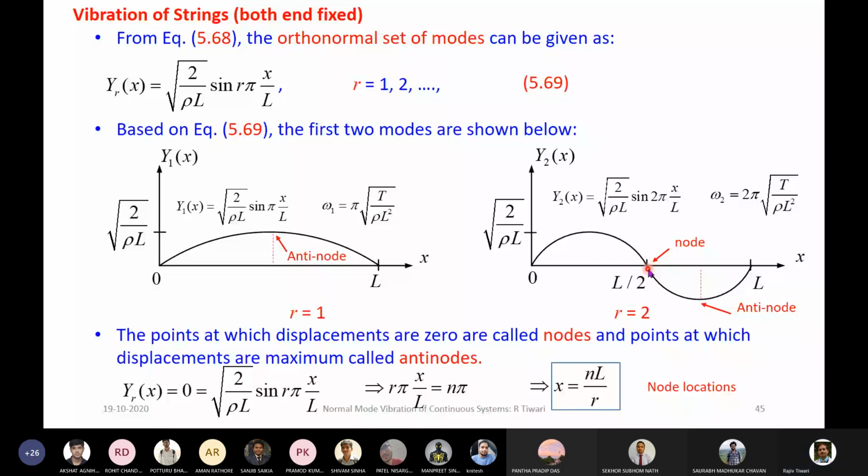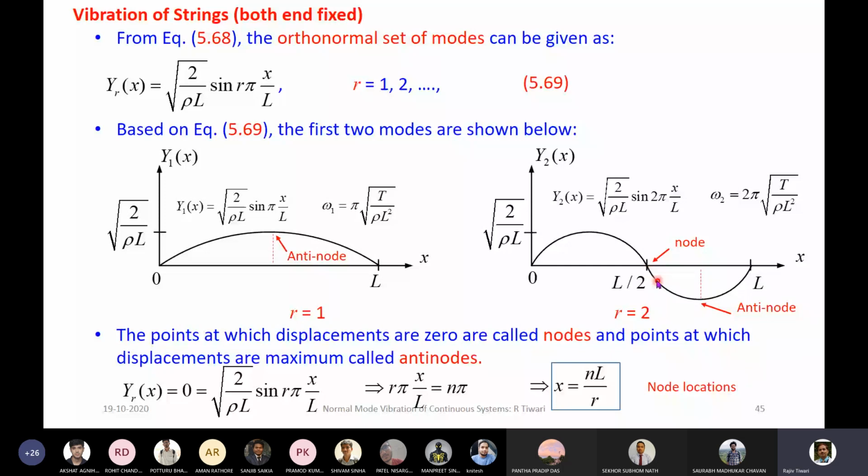Nothing is fixed here. We have not constrained this particular cable by some external constraint that it should be 0 here, but because of the mode shape, this particular point at L by 2, corresponding to the second natural frequency, will remain fixed.